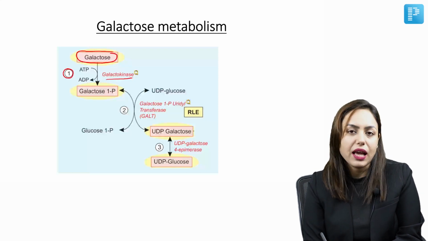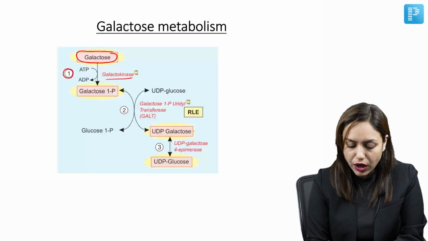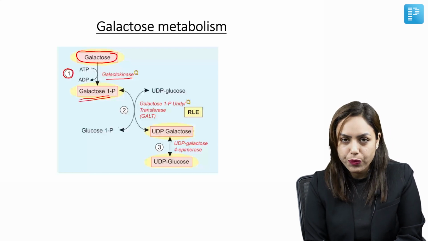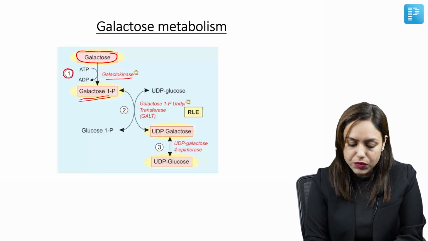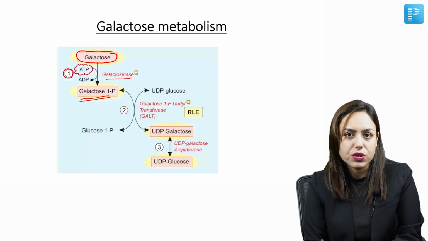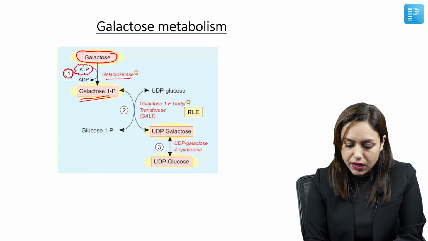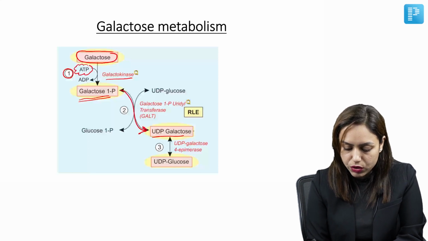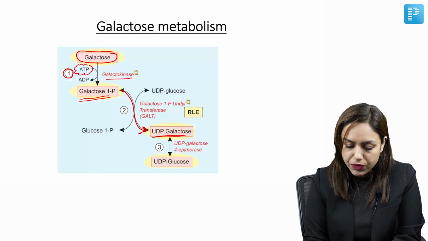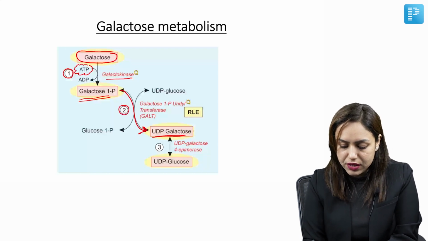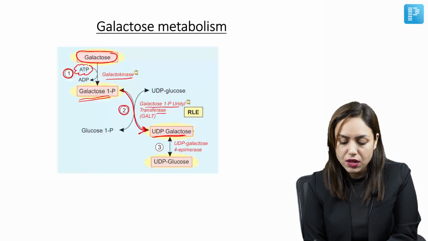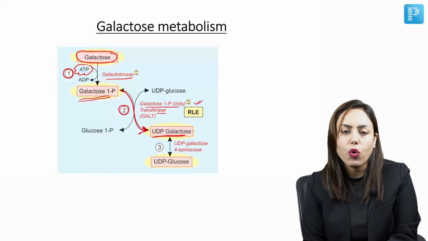In the cells, galactokinase will phosphorylate it and convert it to galactose 1-phosphate. Obviously, it is a kinase enzyme, so ATP will be used, right? Then, galactose 1-phosphate is converted to UDP galactose.